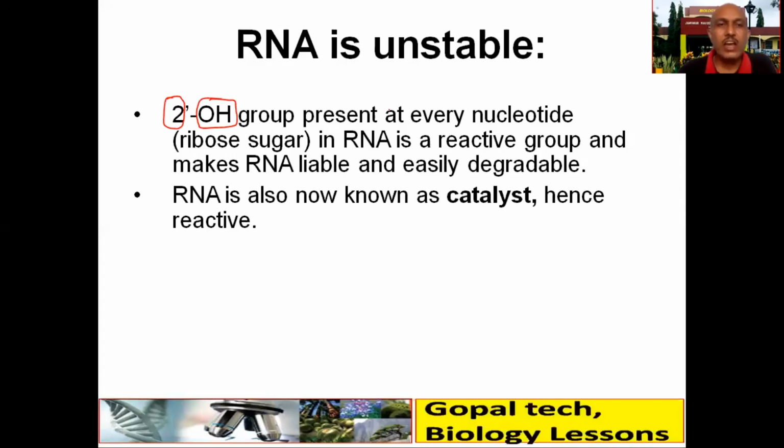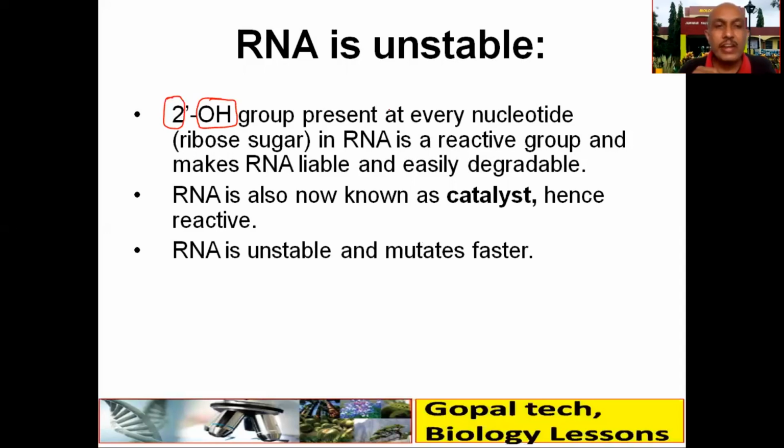The second reason is that RNA is also known as a catalyst, because it works as a catalyst. Hence, it is reactive. And most of the earlier reactions occurred around the RNA. RNA is unstable and mutates very, very fast.